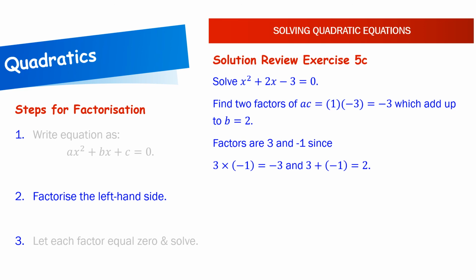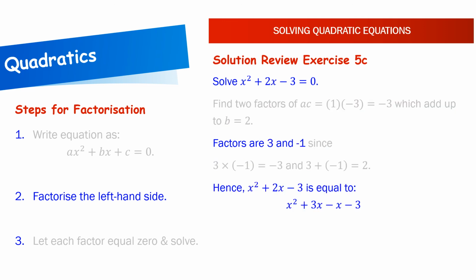The factors are 3 and minus 1. Since 3 times minus 1 equals minus 3, and 3 plus minus 1 equals 2. And therefore we can rewrite x squared plus 2x minus 3 as x squared plus 3x minus x minus 3, as shown.